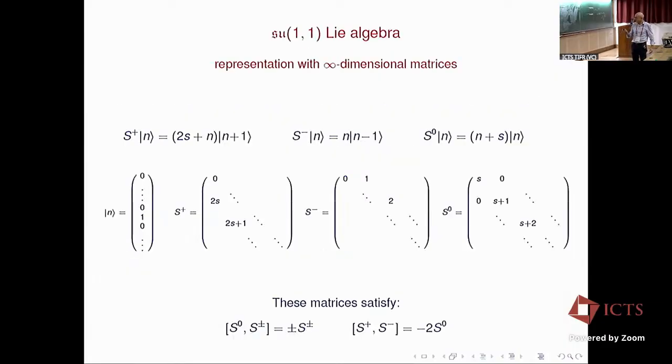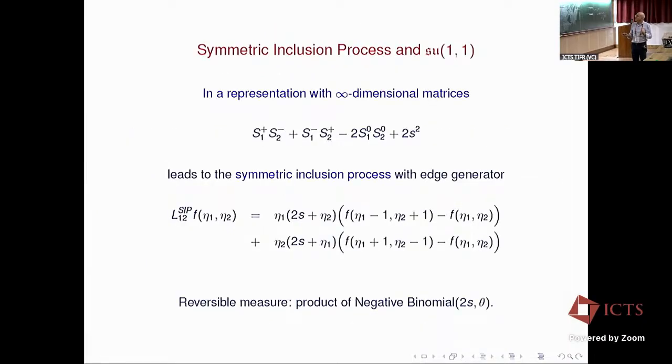And similarly, if we now consider a representation with matrices, now they will be infinite dimensional because the algebra is non-compact. They are a realization of the SU(1,1) algebra. And when you look at the spin chain in this representation with matrices, you get this process, which again resembles exclusion very much, but now there is a plus here instead of a minus.